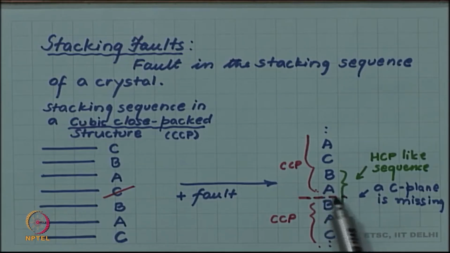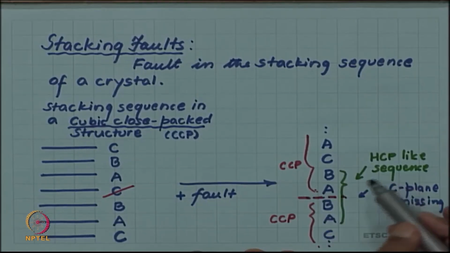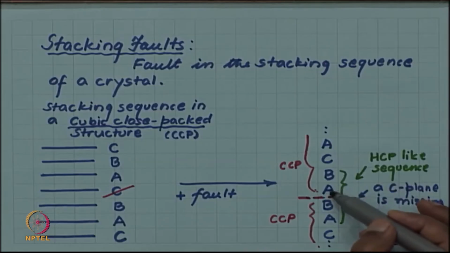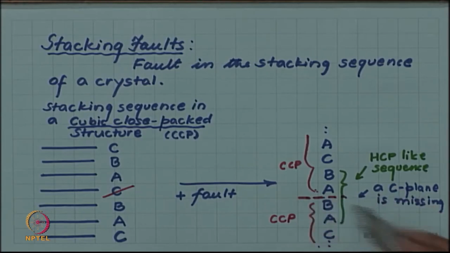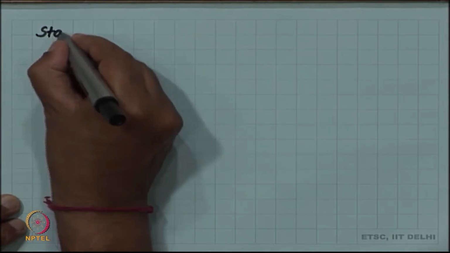For the local nearest neighbor distance, we cannot find any difference between whether the plane above B is A or is C. So, if by mistake an A plane comes over B, where actually a C plane should have come, then we have a fault plane, and this will be a two dimensional defect. This entire plane will be a defect, and that will be a stacking fault. We can define it a little bit more generally.